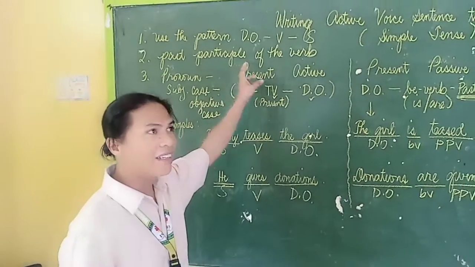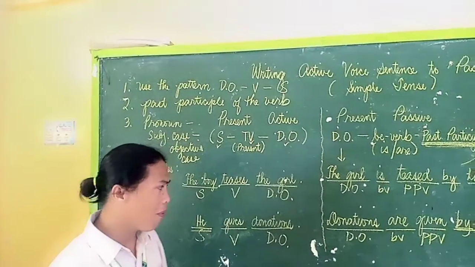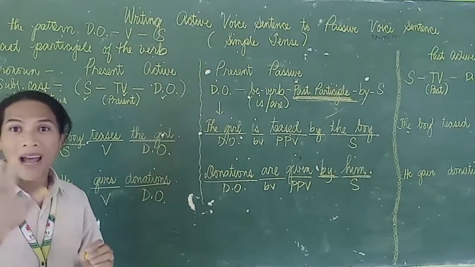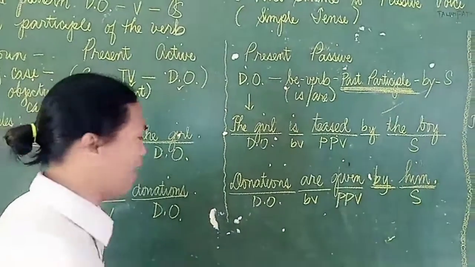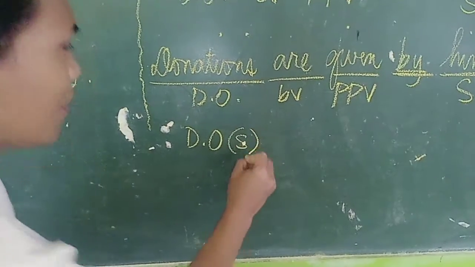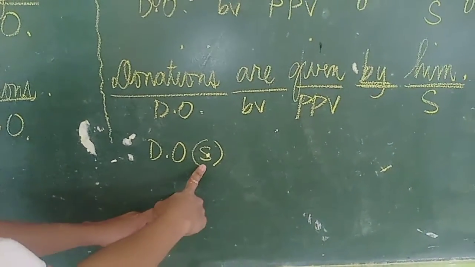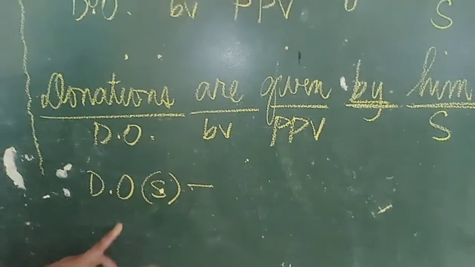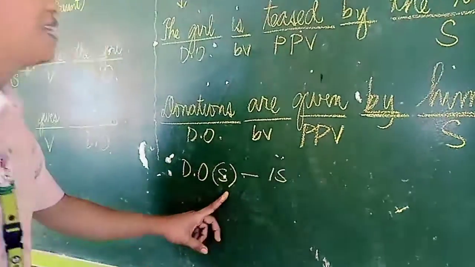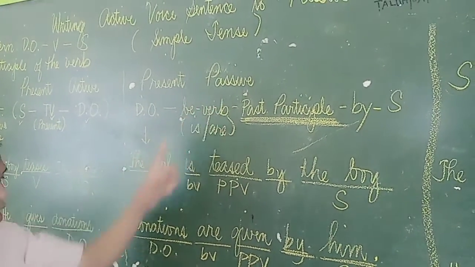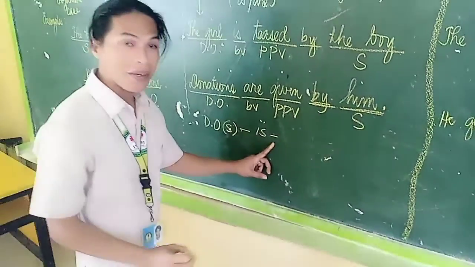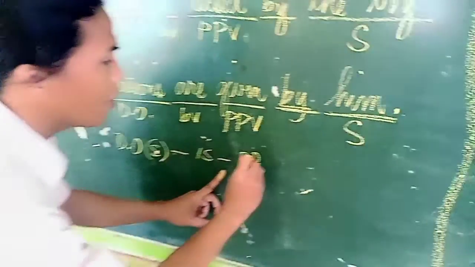From present active voice to present passive voice. So, if you have noticed, we have two patterns here to simplify. So, we have direct object. If it is singular, or that one stands for singular, so it should be is. That is present passive, if our direct object is singular. And then, again, master your past participle of the verb.